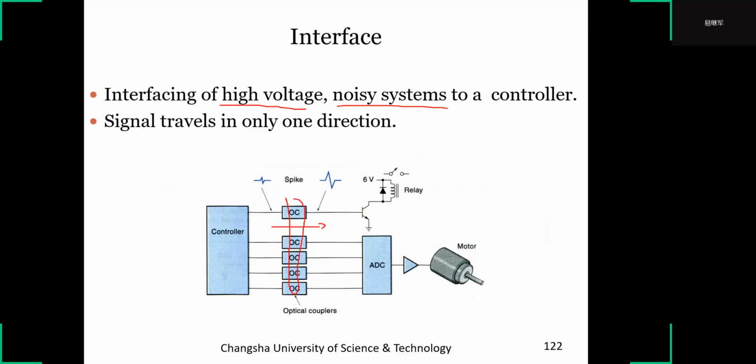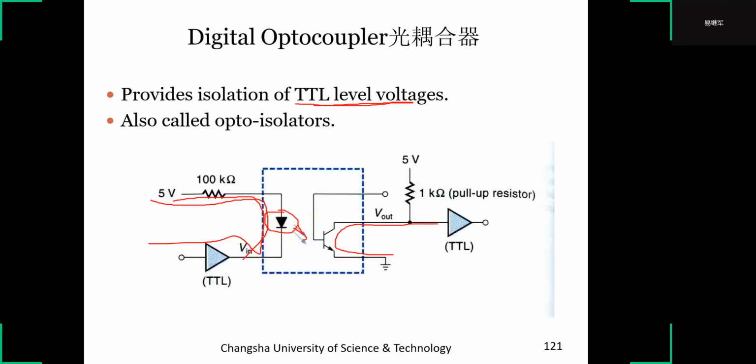optical coupler. Here it is connected to the microcontroller, and here it is connected to the outside devices.